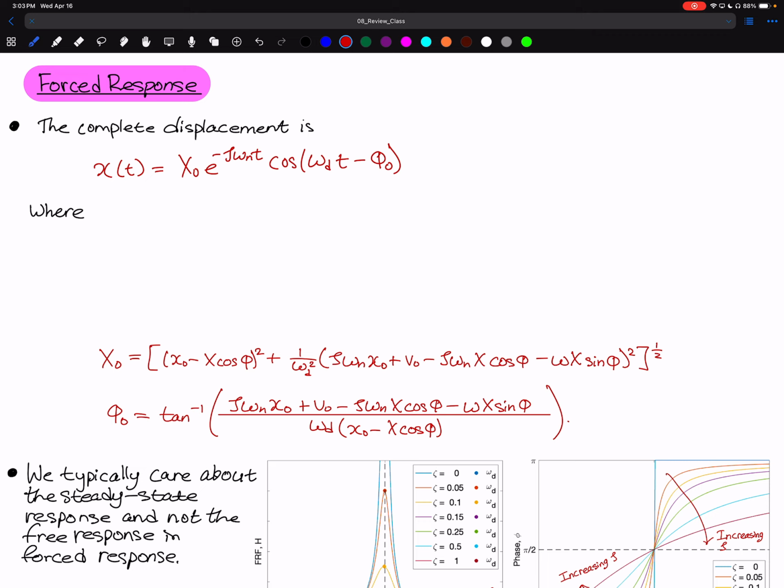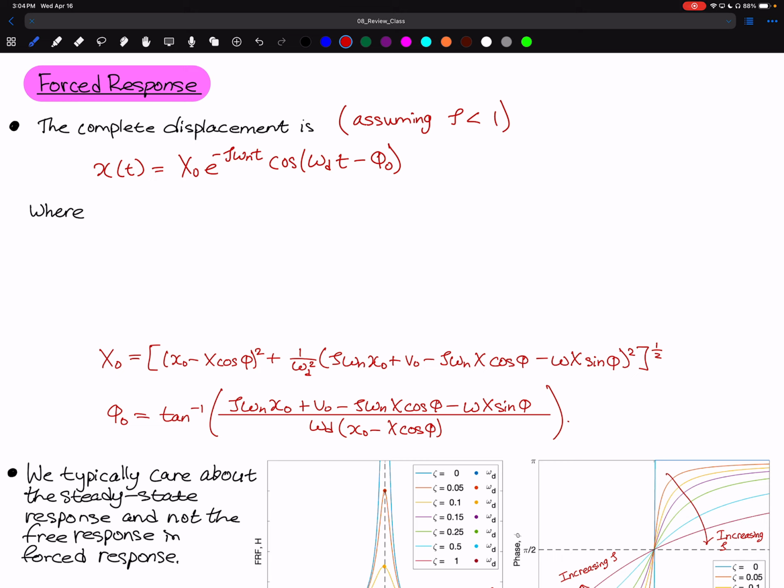So we've already built that assumption into this. So let's just write that, assuming zeta is less than 1, which is pretty much always the case. Like I mentioned, for most systems, the damping ratio is very small, so zeta is like less than 0.01.